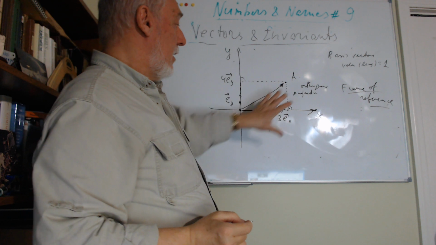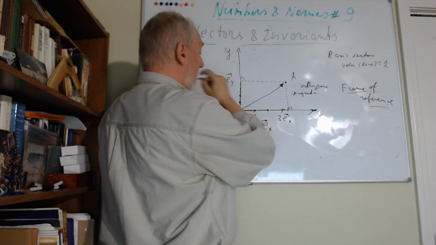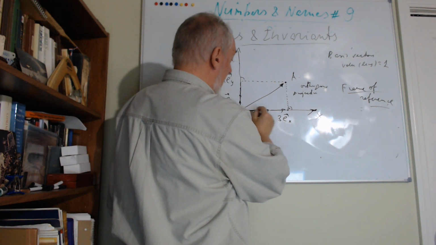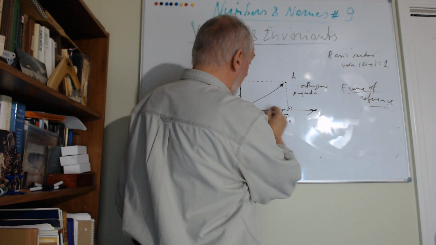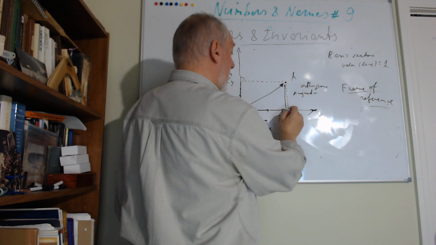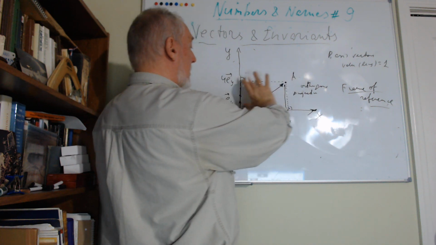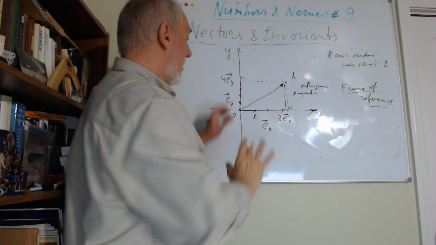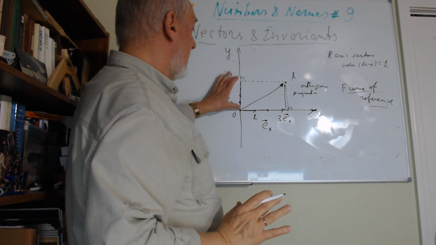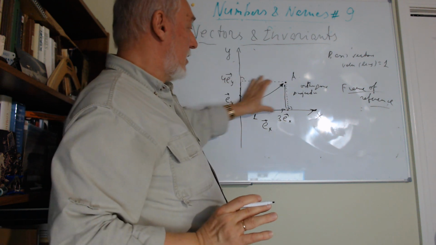And if you look here and recall the rule of triangles, you see one vector here and another vector here. And this is exactly the same as this. It's the same direction and the same value, right? Because this is a parallelogram.